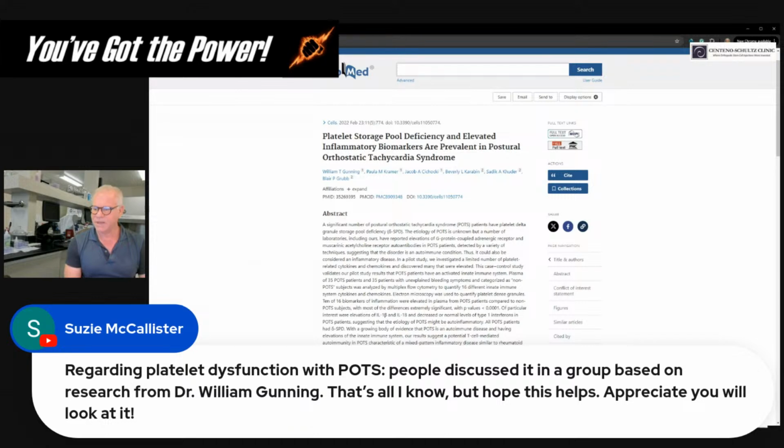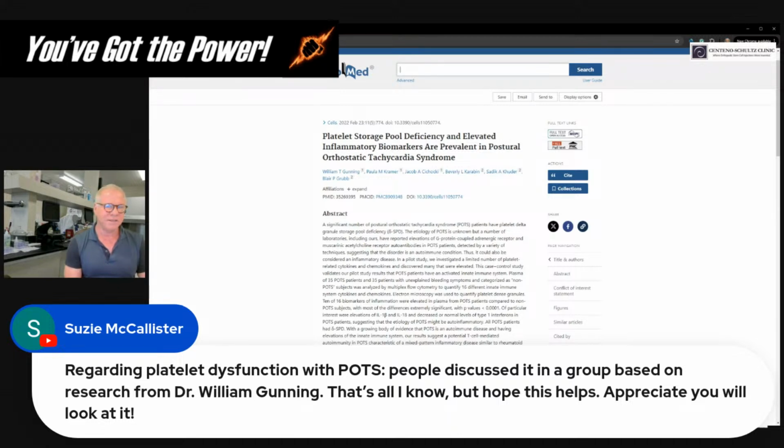I'm not sure this makes much difference with regard to how platelet-rich plasma would be used in POTS patients. What the study is saying is that in many patients with metabolic syndrome, meaning the average American who's overweight, with high blood pressure and poor blood sugar control, there are elevated inflammatory cytokines, or inflammatory chemicals, in the plasma and in the platelets of those patients.